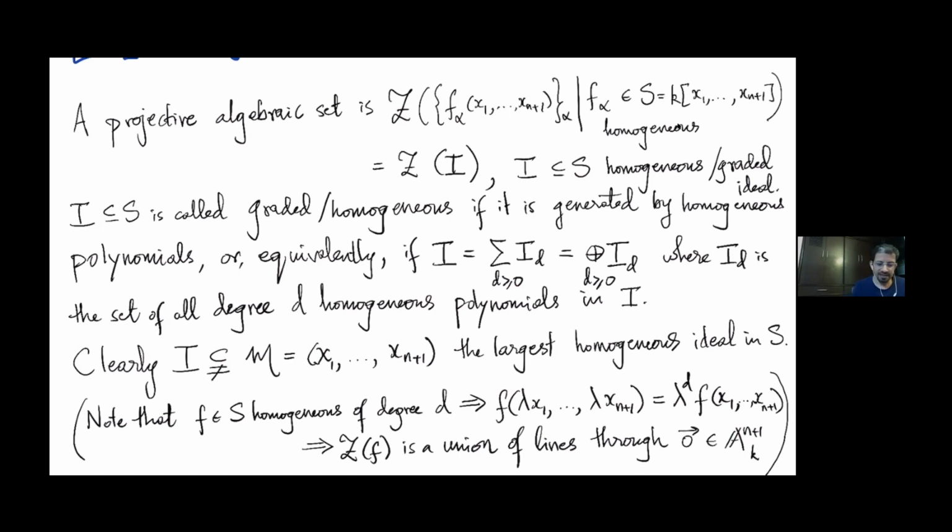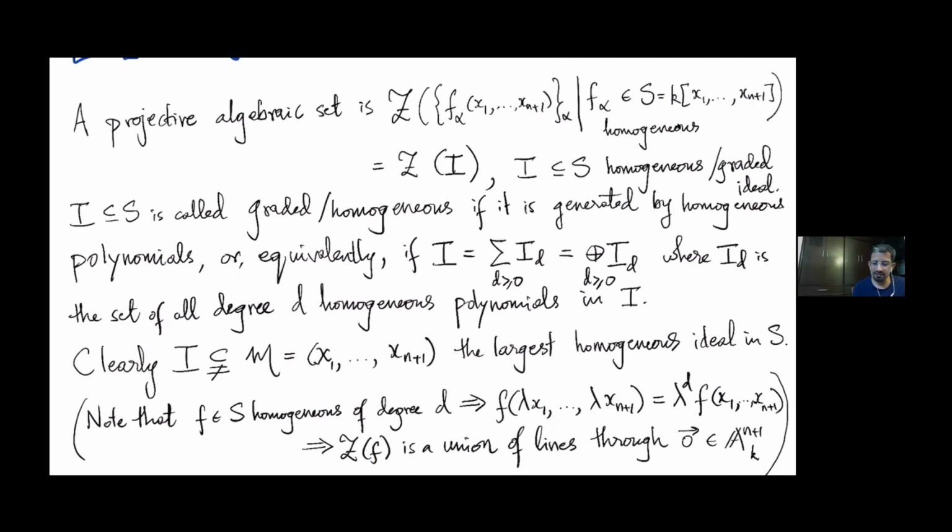The reason is given below here. Basically, why we look at homogeneous polynomials is the following. If you take a homogeneous polynomial, it has the property that if you simultaneously multiply all the coordinates by lambda, the lambda comes out. So the zero locus of f is a union of lines through the origin, and that's what we want, because we want the zero locus to correspond to something in projective space, which is a bunch of lines.